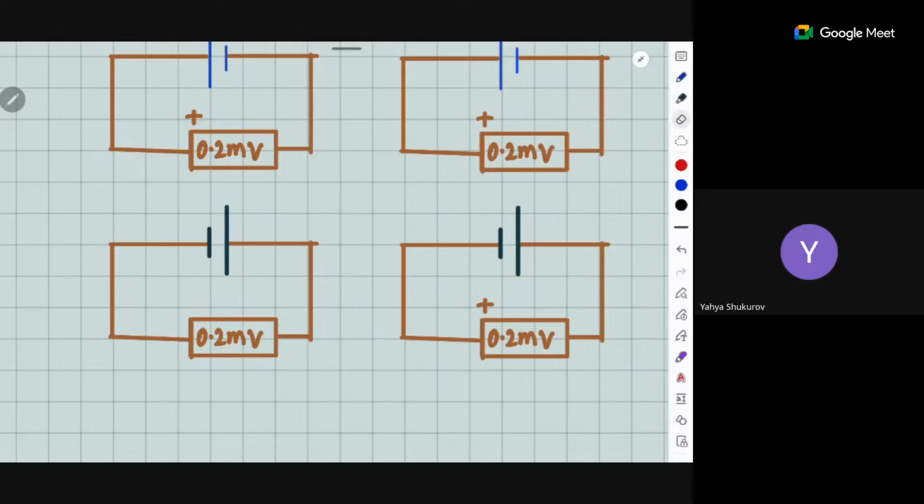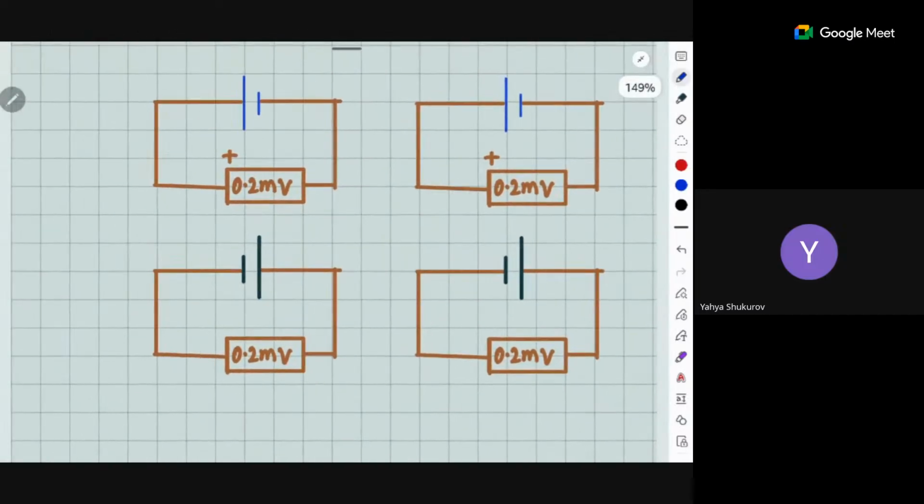Why are you not getting this clearly? I'm just comparing diagram number 1 with diagram number 2, and diagram number 3 with diagram number 4. Is there any confusion in this diagram? This is negative, this is negative. You got this point, everyone?